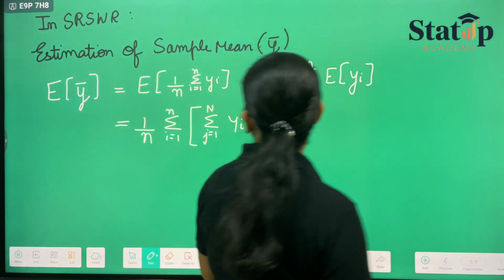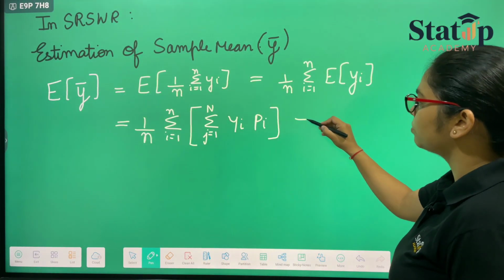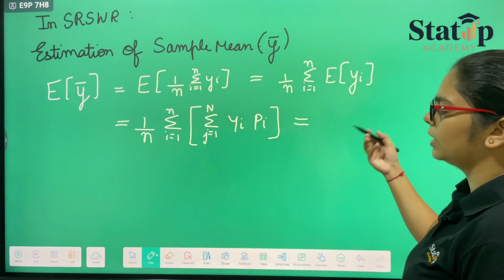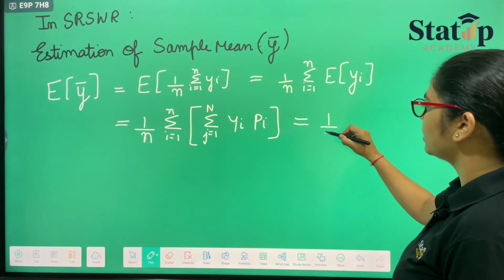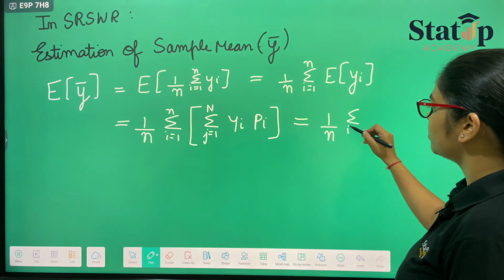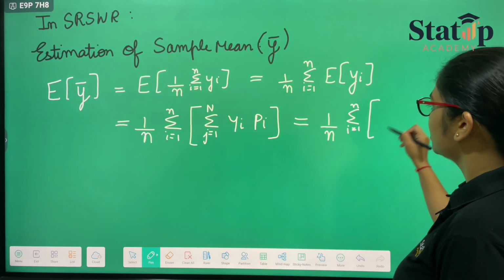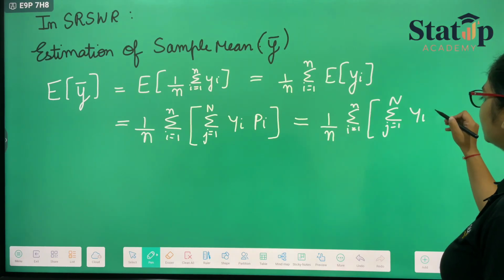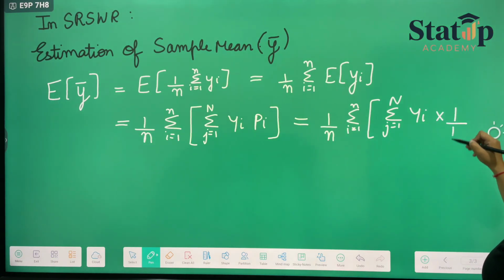Now in simple random sampling with replacement, the probability of selecting the ith unit is nothing but 1 upon capital N. So we can write it as 1 upon n summation i goes from 1 to small n, summation j goes from 1 to capital N yi into 1 upon capital N.